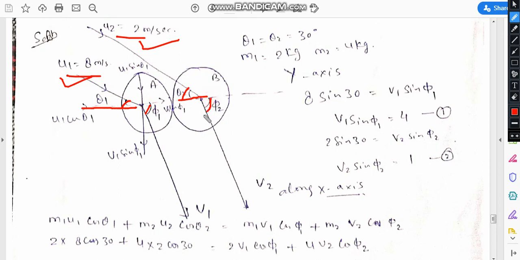How to proceed to find the values? Again recall the conservation of linear momentum along the y-axis and along the x-axis.